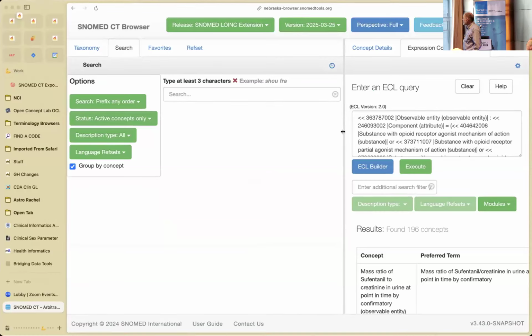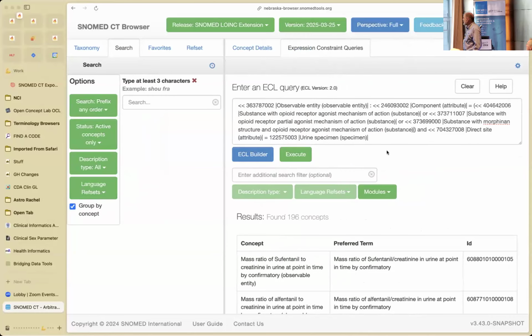Yeah, it's breaking it. So what's interesting, so this one has component, right? Do I have the one that's got component? No, this has the parentheses in it. See right here? So it's component, and then it has the 3 types of substances, right? And you get 196 concepts.